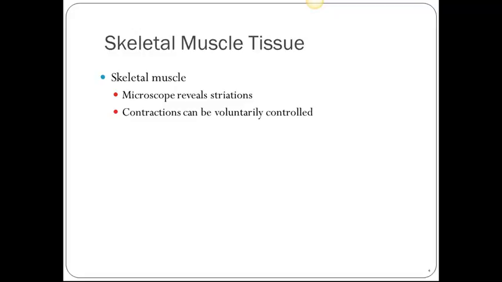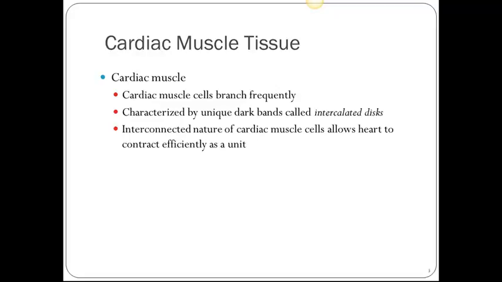Skeletal muscle tissue under a microscope reveals striations, or crosswise stripes, and contractions can be voluntarily controlled. Cardiac muscle cells branch frequently. They are characterized by a unique dark band.